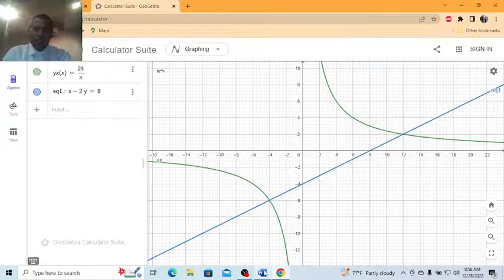I will make it bigger so that 12 appears at least. Yes, when x equal 12, y is 2, and when x equal negative 4, y is negative 6.